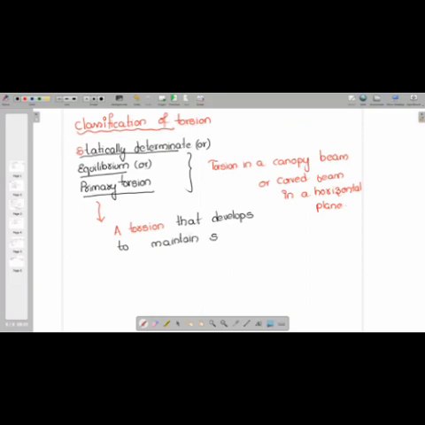Immediately you will ask me, sir, how does this torsion maintain static equilibrium? Sir, whatever external load is acting on the structure has no alternative path and is resisted by torsion alone.